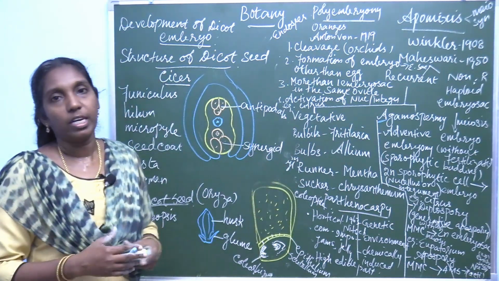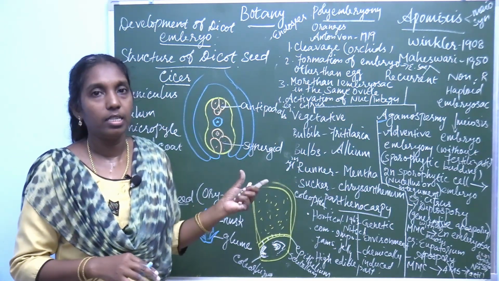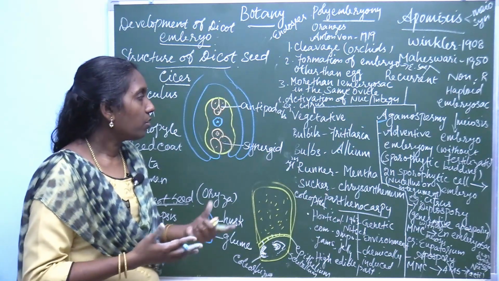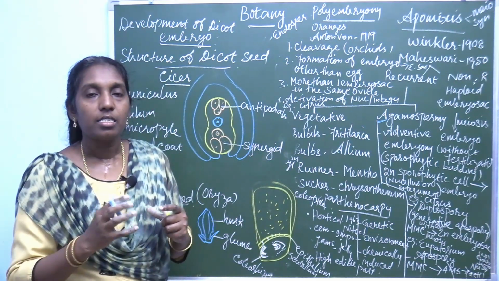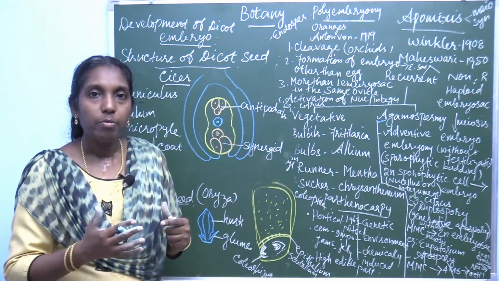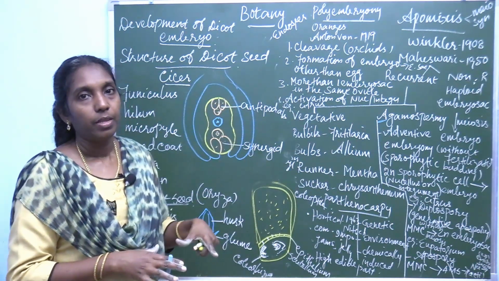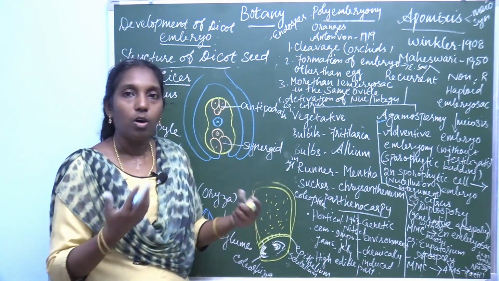In vegetative propagation, you learned in the first unit, at the beginning of this chapter, about vegetative reproduction. In vegetative reproduction, plants propagate by means of any part of the plant other than the seed. It may be bulbils, bulbs, runners or suckers.